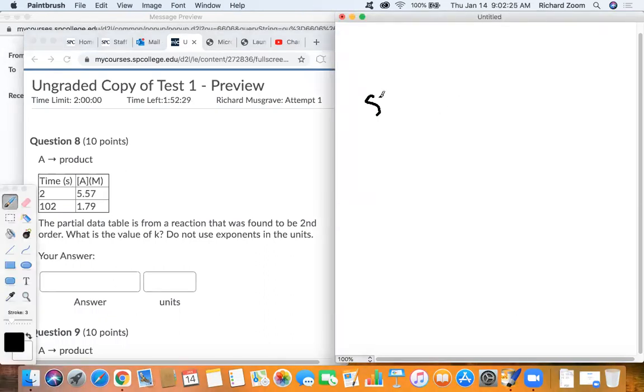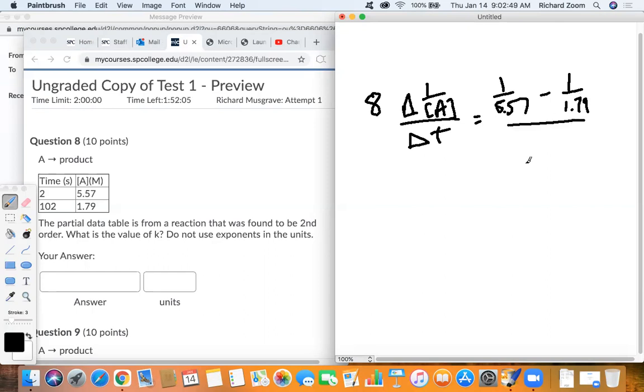So for number 8, it would be the change in 1 over A over delta T. And that would be 1 over 5.57 minus 1 over 1.79, over 2 minus 102. And that'll give me my slope value from there. Any questions?